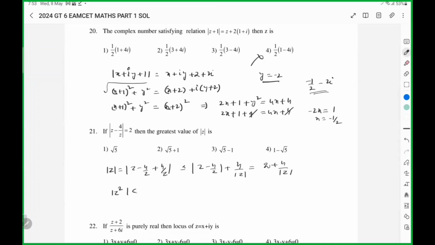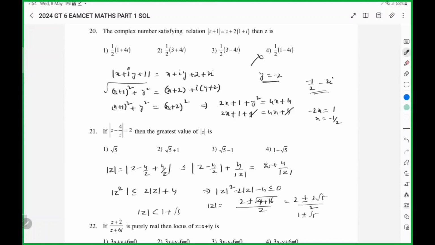So mod z square is less than or equal to 2 mod z plus 4. Mod z square minus 2 mod z minus 4 less than or equal to 0. If you simplify, 2 plus or minus root of b square plus 16 by 2, 2 root 5 by 2, 1 plus or minus root 5. So mod z here is less than or equal to 1 plus root 5.